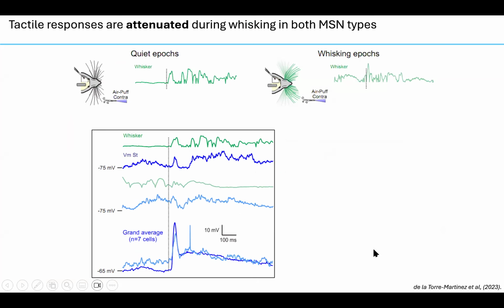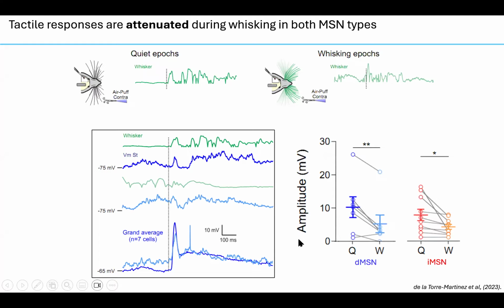So different from what Paulo mentioned about the visual cortex, where it's the opposite. When the animal is walking, you have an enhancement of visual responses. Here, when the animal is whisking, there is a decrease in the sensory response to unexpected stimulus. And we can see it here, the amplitude of the response, both in direct pathway and indirect pathway, is decreased when the animal is whisking.